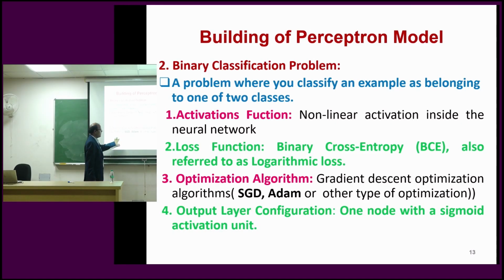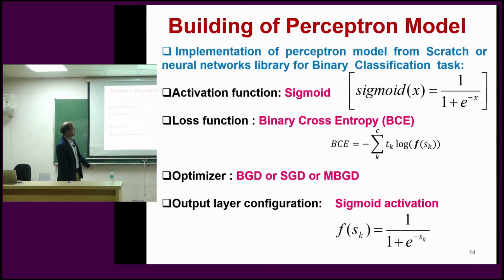And in the output layer you have to use the sigmoid activation function, right? I'm talking not only about the perceptron model, you can do this even with the multi-layer perceptron, so all the process will remain the same.